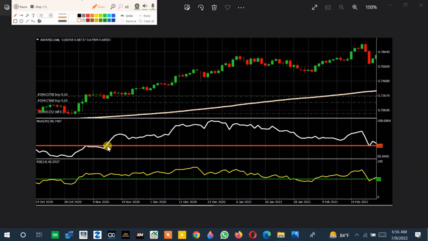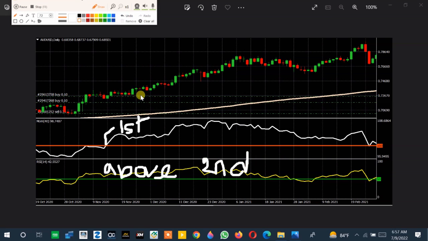It crosses above the 100 line, that means our first criteria is fulfilled, so we can go buy. Next we need to see whether the RSI is above 50 or not. Yes, it is above 50, so the second condition is fulfilled.